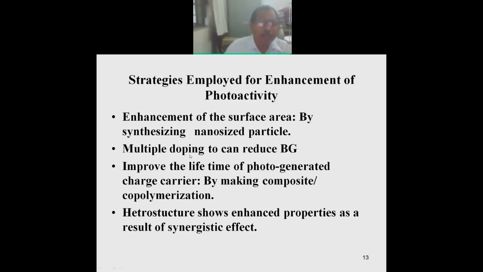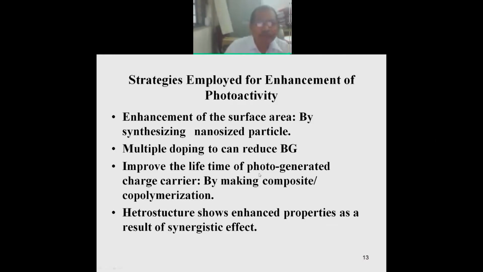Then multiple doping can reduce the band gap. We know the band gap consists of a valence band and conduction band, and if it is doped with a metallic element, there is an introduction of an energy level below the conduction band, and a reduction in the band gap energy. Then if we dope it with a non-metallic element, there is an insertion of an energy level above the valence band, and the width of the valence band edge will be enhanced, and there will again be a variation in the band gap position.